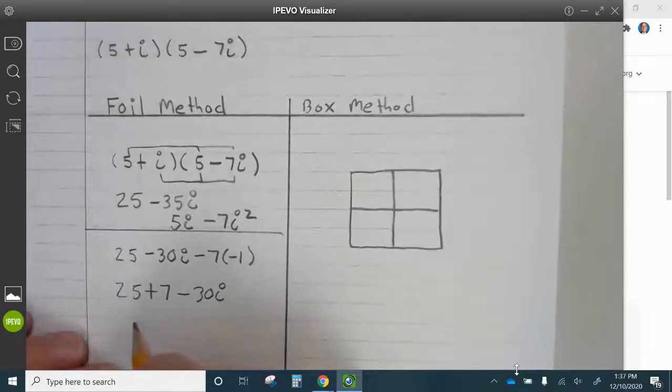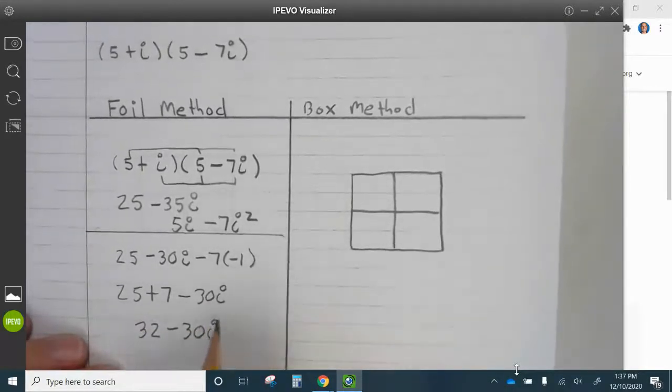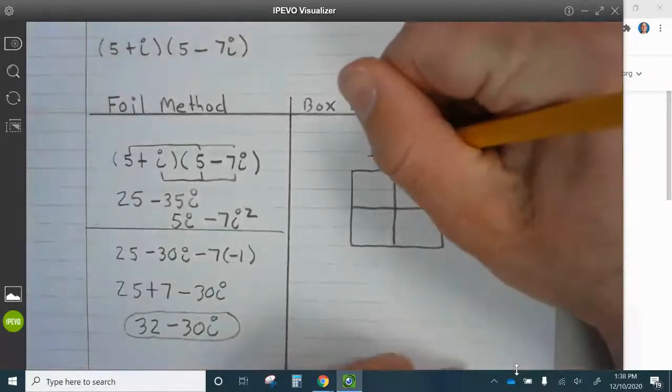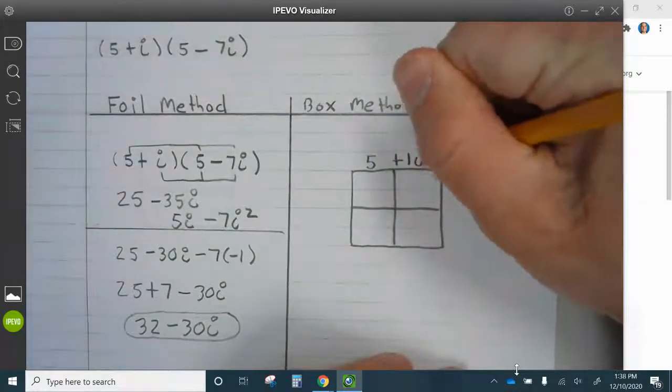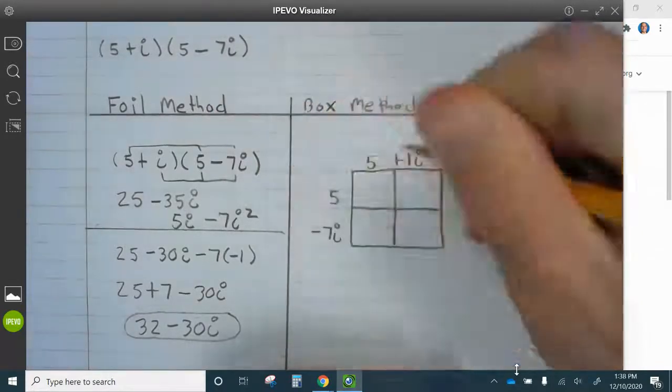So then that's 32 minus 30i. All right, now let's take a look at the box method. So that'd be 5 plus 1i, 5 minus 7i.